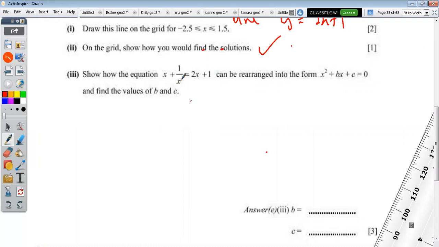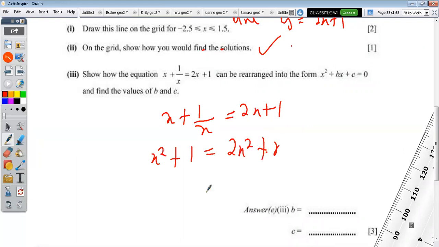Yes. So now to solve this here, x plus 1 over x is equal to 2x plus 1. We want to eliminate, we multiply everything by x. So you get x squared. If you multiply by x, the x cancels, plus 1. Multiply by x, 2x squared. Multiply by x, plus x. Move everything to one side: 2x squared minus x squared plus x.